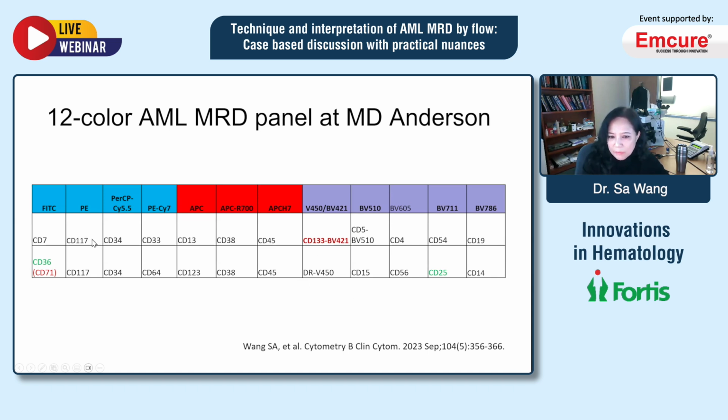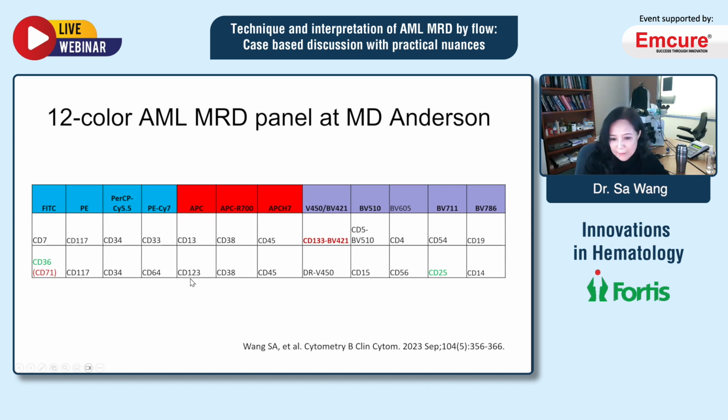This is the 12-color panel, and we use LAIP. You can see a lot of markers are repeated in both tubes: CD45, CD38, CD34, and CD117. These four markers are essential; they are our backbone markers. Then there are the markers recommended by the ELN: CD33, HLA-DR, and in addition we have CD123 built into this panel.